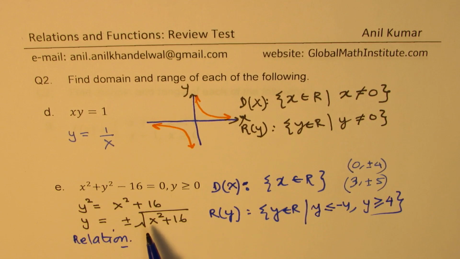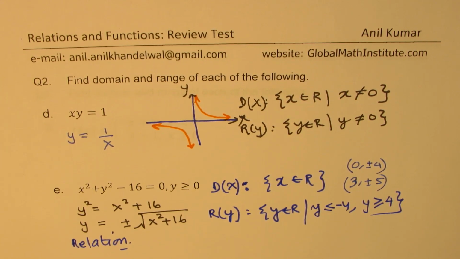Since for any x value, we'll get something which is either 0 or more than 0. And therefore, plus minus 4 becomes the minimum value for this particular relation. So I hope that makes sense. So make a note of this question. It is a very important test question. You notice that the y value is not including something in between plus and minus 4, right?